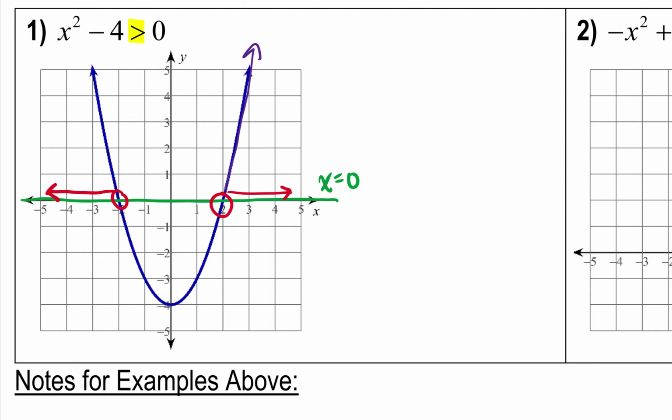And likewise on the other side, the line is going to keep going up forever as far as I go left from those 2 points. So I'm going to be greater than 0 from -infinity up until -2, and then I stop being greater than 0 because that's when it goes down, right? So I'm below 0, and then I go above 0 again, starting at 2 all the way to forever, which is infinity. I know that infinity sign's terrible over there.